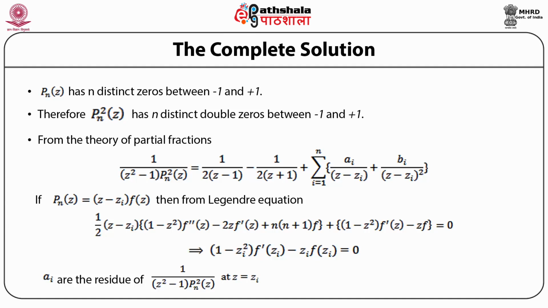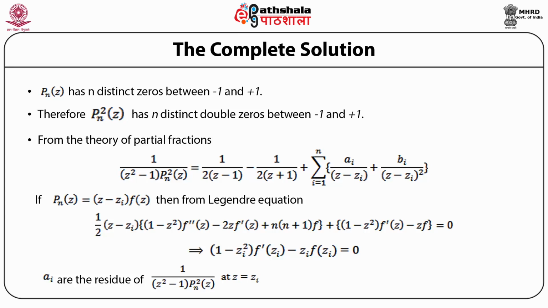If we substitute this in the Legendre differential equation, we find that f of z satisfies the equation 1 by 2 multiplied by (z minus zi) multiplied by within the brackets (1 minus z square) into f double prime of z minus 2z into f prime of z plus n into (n plus 1) into f, brackets close, plus within the brackets again (1 minus z square) into f prime of z minus z times f, brackets close, is equal to 0.